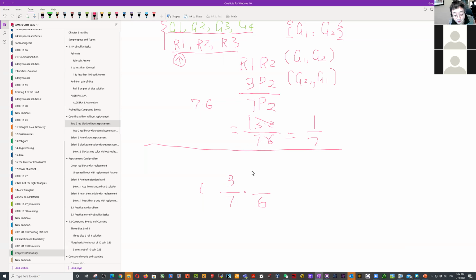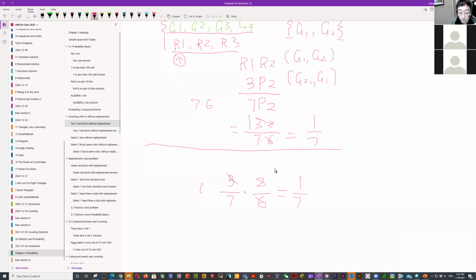Whatever the red is, that's 6. Then you also have 2 remaining red blocks. It's symmetric: no matter what block you choose on the first one, it's going to have 2. So if you view it differently, it's still going to end up with the same result, 1/7.